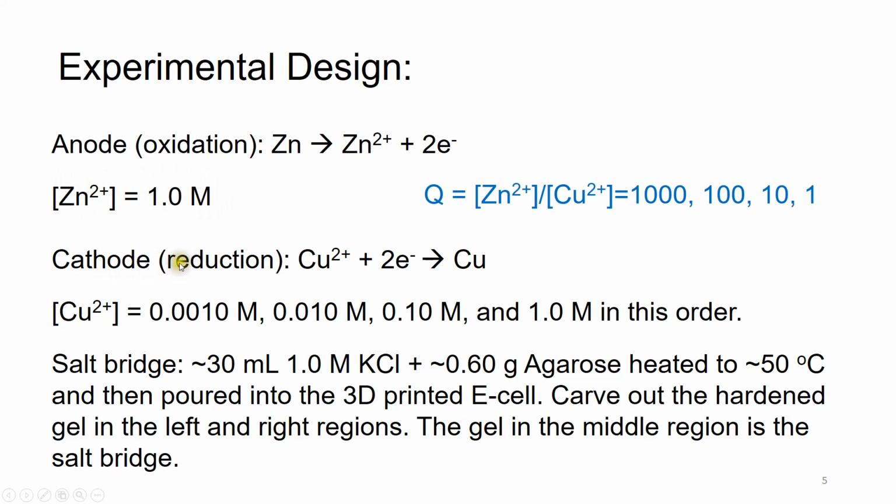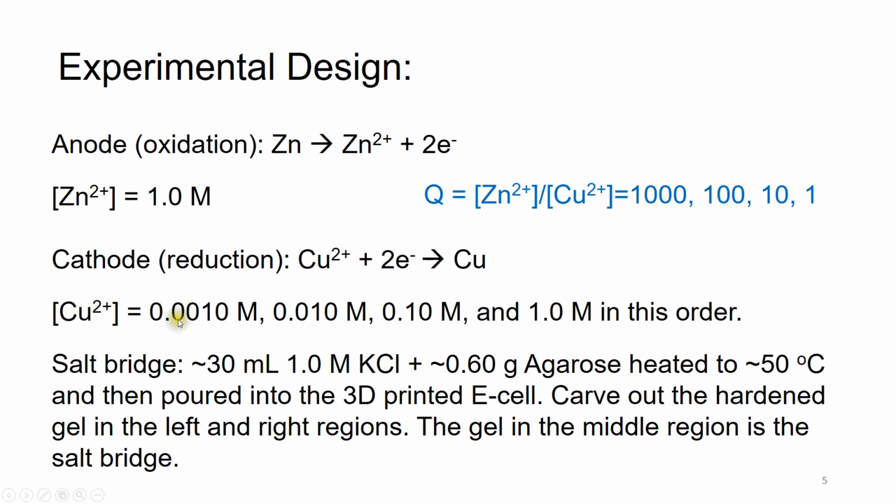At the cathode, we have the reduction reaction. Copper 2 plus gets 2 electrons and becomes a copper atom. In this reaction, the oxidation number of copper decreases from 2 to 0. Therefore, it's a reduction reaction. In this experiment, we will use 4 different concentrations of copper 2 plus.